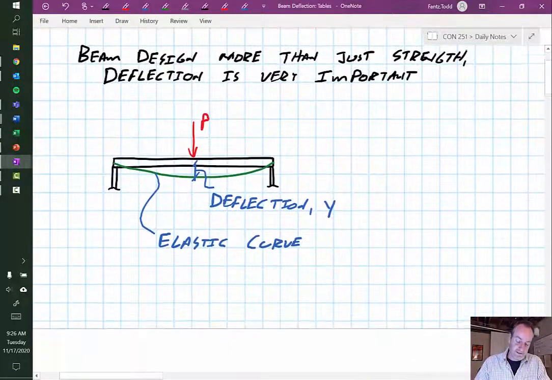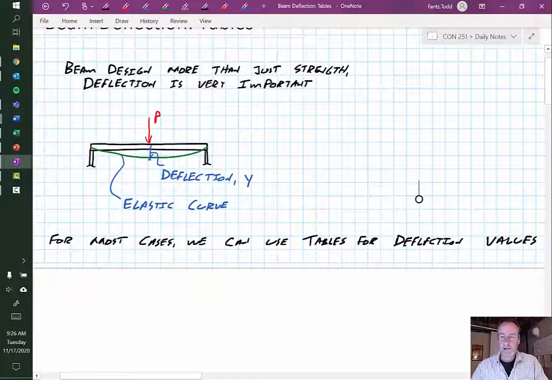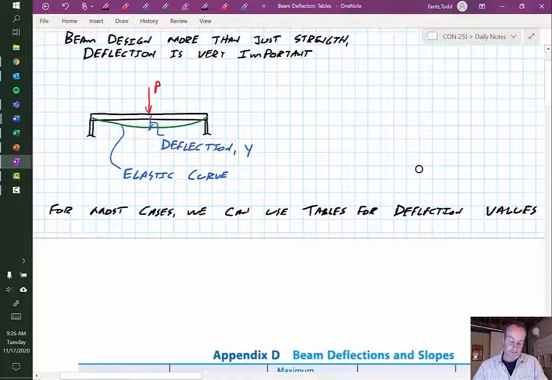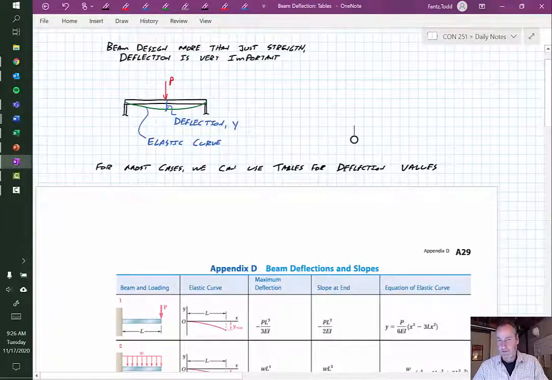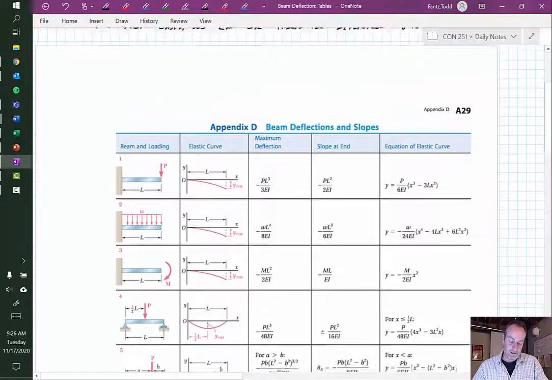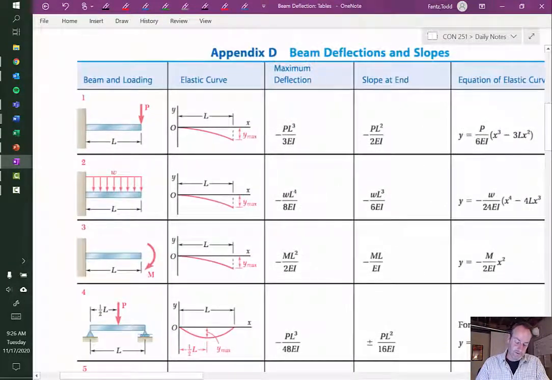For most cases, these deflections can be looked up in a table. I'm providing this table in the notes section, and you can use it for any other problems you might have. Here is a table which defines different types of loading. Let's look at this first one.